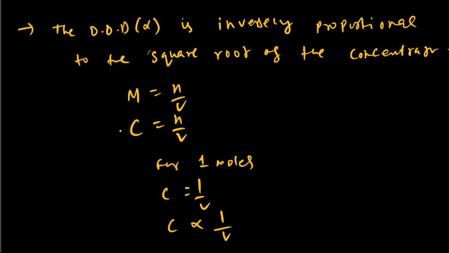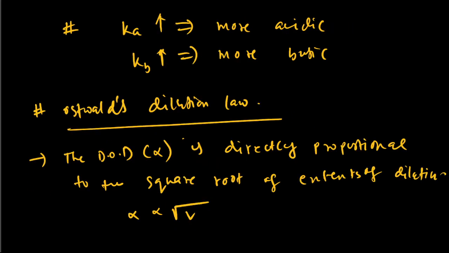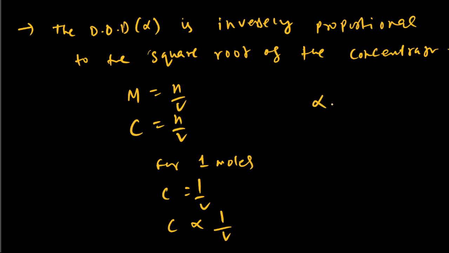So first he says that alpha, the degree of dissociation, is directly proportional to the square root of dilution, that is V. Dilution means how much volume, and since c equals 1 by V, we can write V proportional to 1 by c.